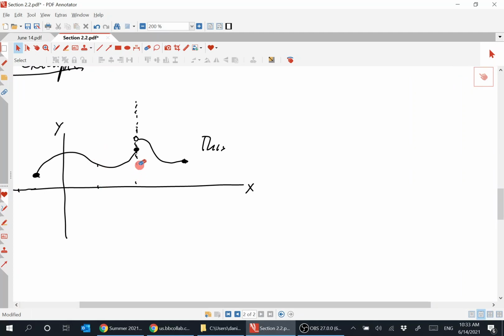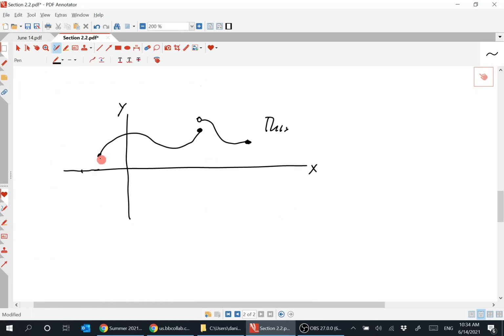And let's label some points here. So we'll say this is x equal to minus 1, y equal to positive 1/2.